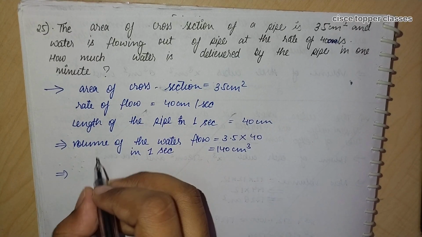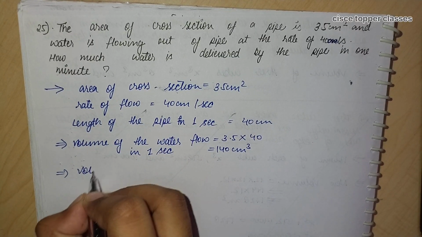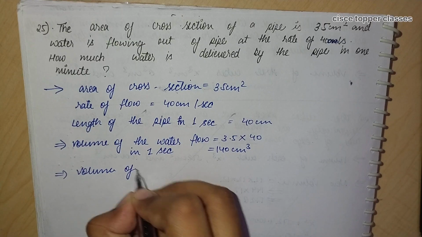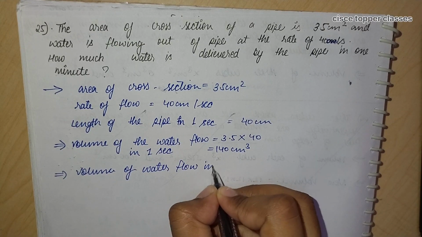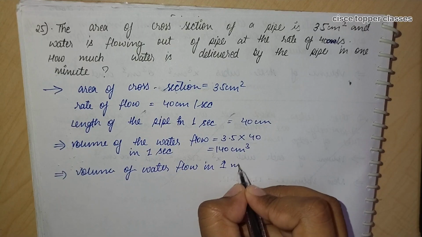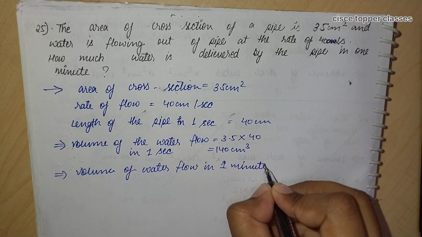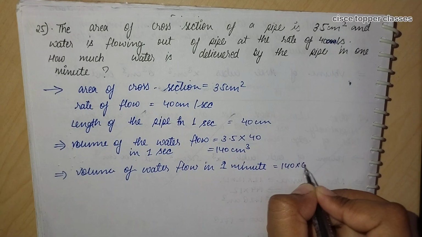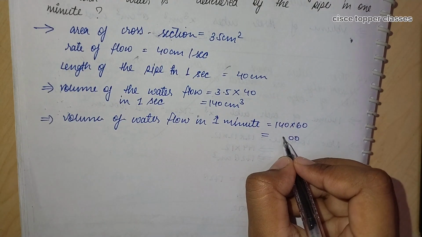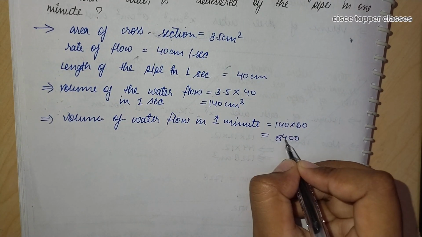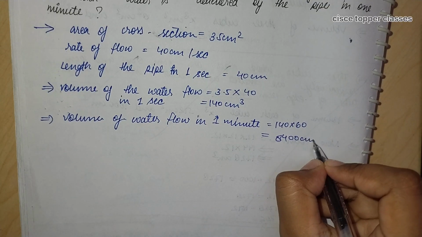Means if we want to find it for 1 minute, so volume of water flowing in 1 minute, sorry, this we can write as 140 into 60 seconds, which on calculating we will get here 8400 centimeter cubic.